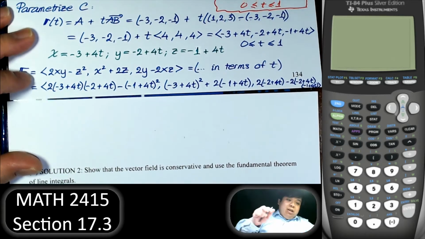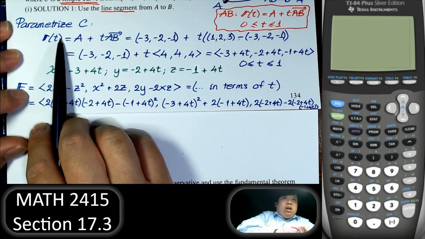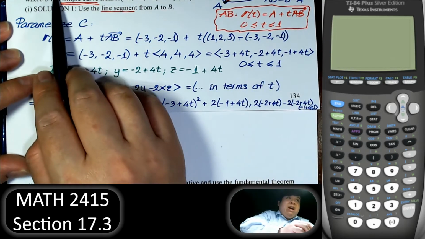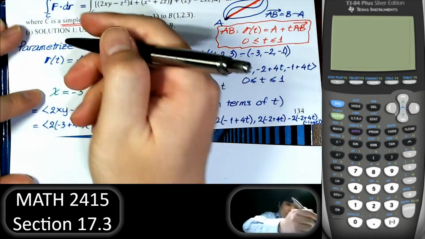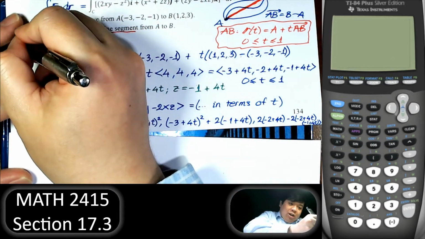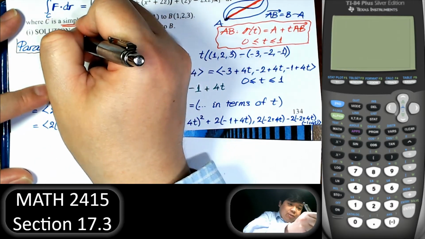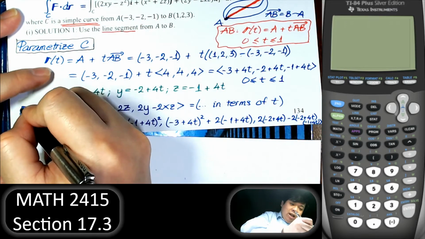So that's the first step. First step is parameterize, write everything in terms of t. Now we write f in terms of t. So let's just recap. For a line integral, that's the first step we do: parameterize.